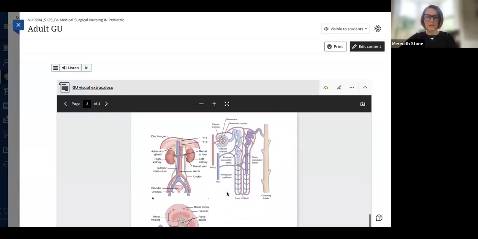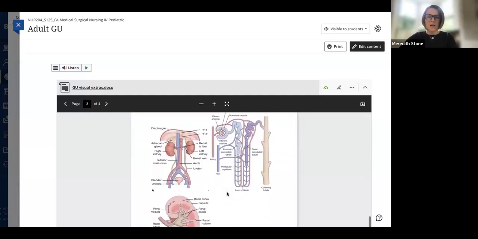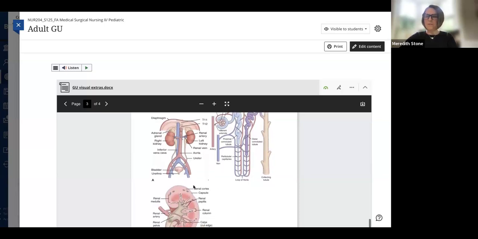Again, because they're very small on the slides, I pulled out the pictures because I know we have a lot of visual learners and we're going to be talking a lot about the function of the GU system, especially the kidneys and the filtration. So here are pictures. Like I always say, you need that strong foundation, right?